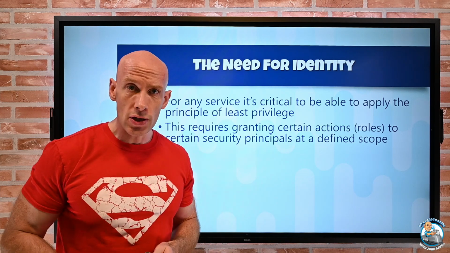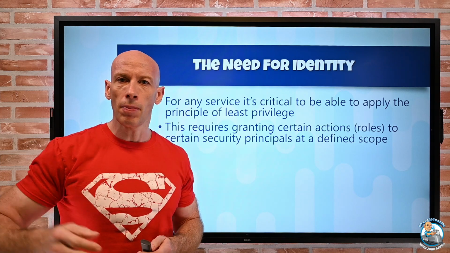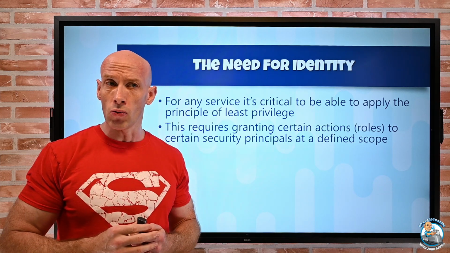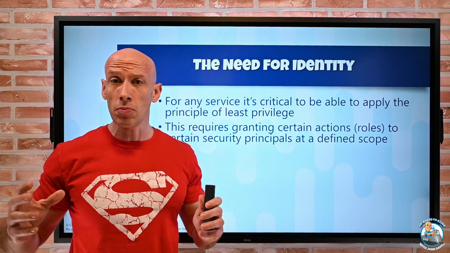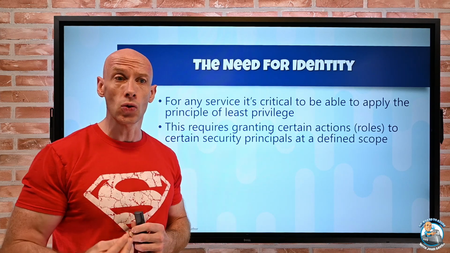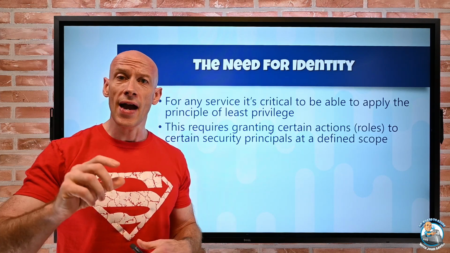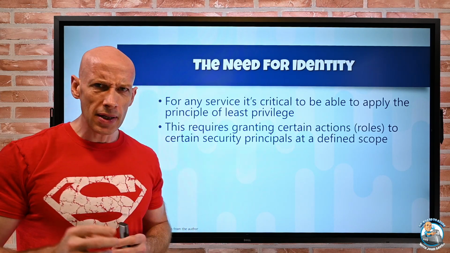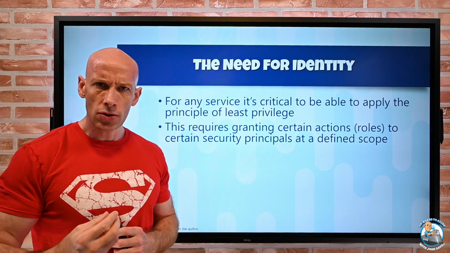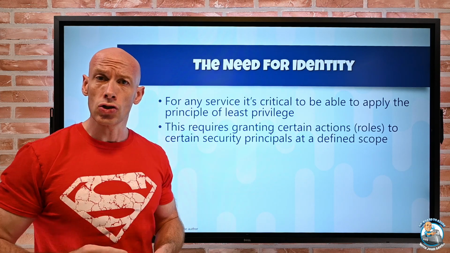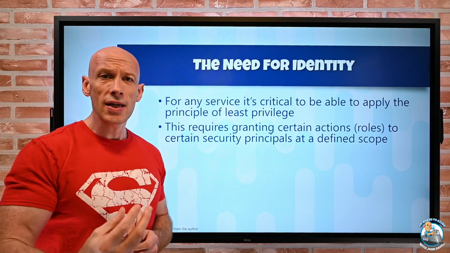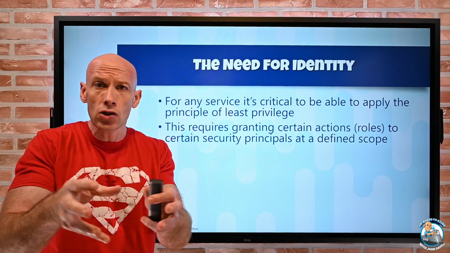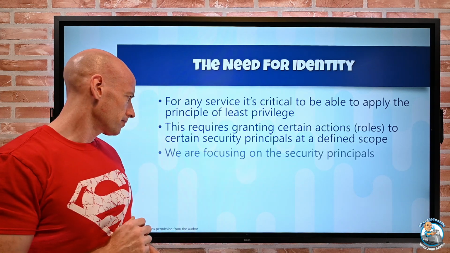With Azure resources, there are many different places I can apply those roles. Could be at management groups, subscriptions, resource groups, even resources. I'm going to talk a lot more about that in the next module when we cover governance. But the whole point is I'm going to give those actions to certain identities at a certain scope, so I can do these things for these groups of objects.